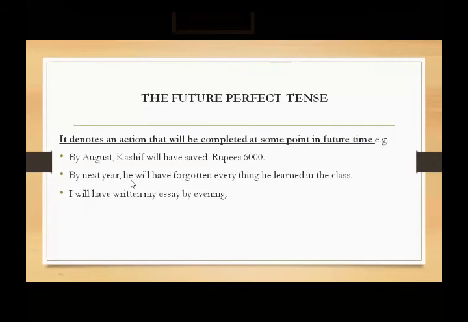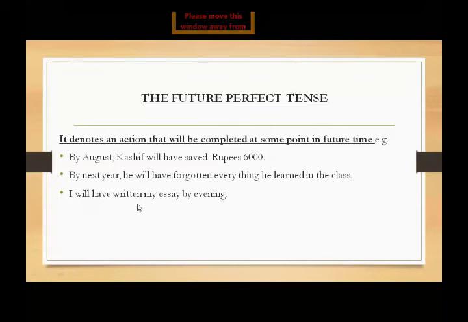Then, by next year, he will have forgotten everything he learned in the class. Then the third example is, I will have written my essay by evening.